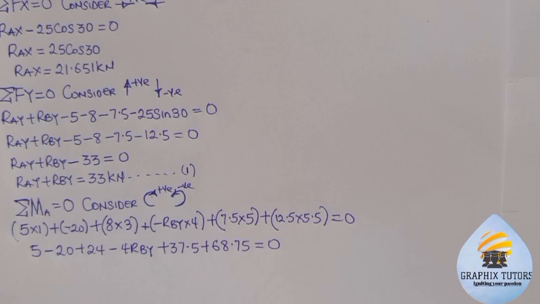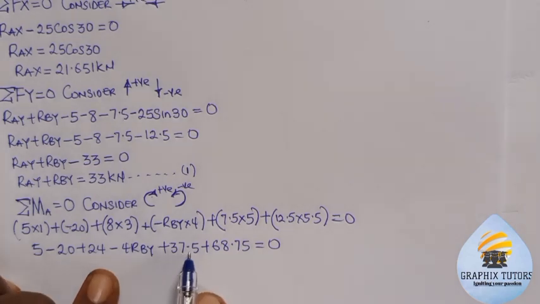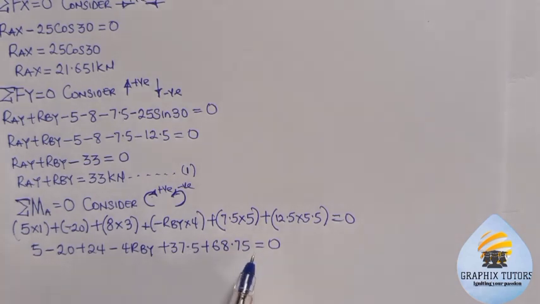Now when you add, we have 5 minus 20, that is minus 15. So minus 15 plus 24, and when you add it with 37.5 and 68.75, everything you'll be having will be 105.25, right?